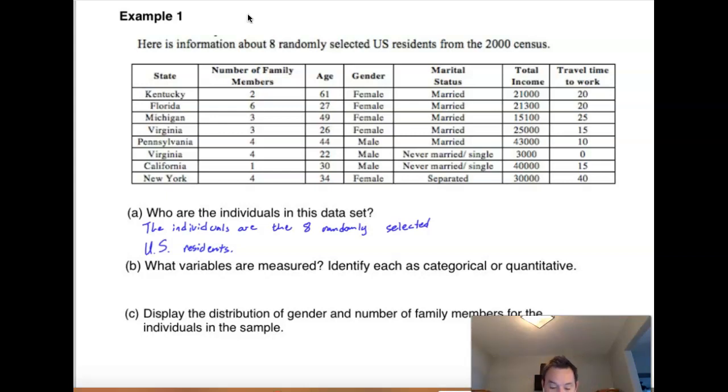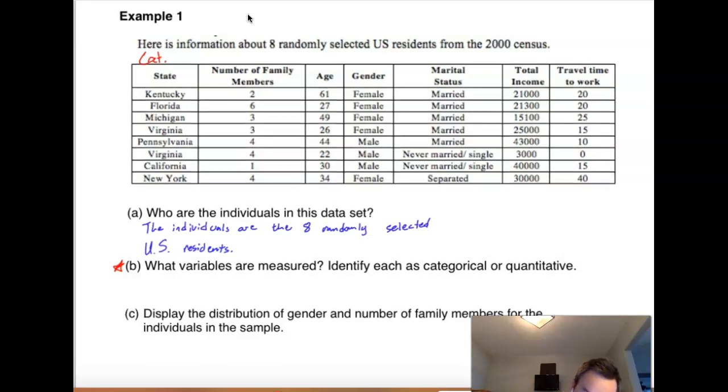Well, in this case, each of the columns, I'll use red here, each of the columns is a different variable. And so I'm just going to label above the columns whether it's categorical or quantitative. So state, that's categorical.